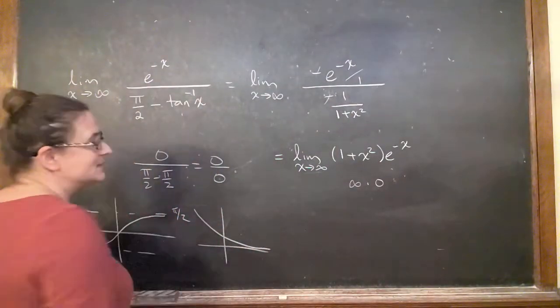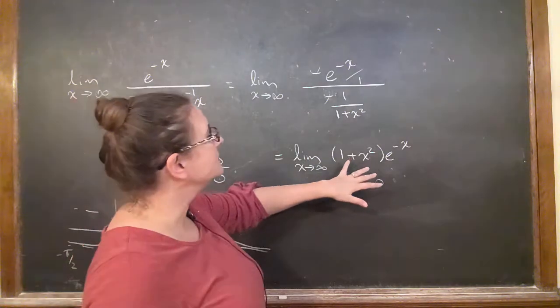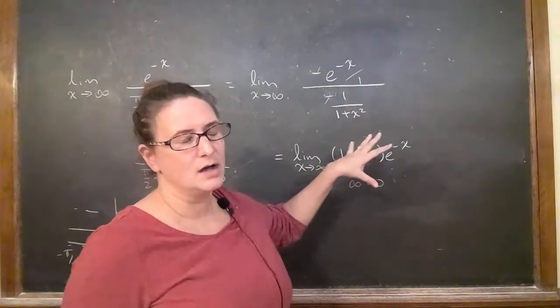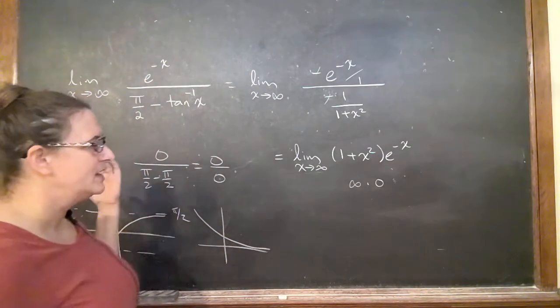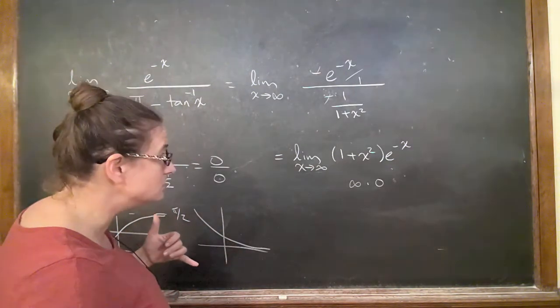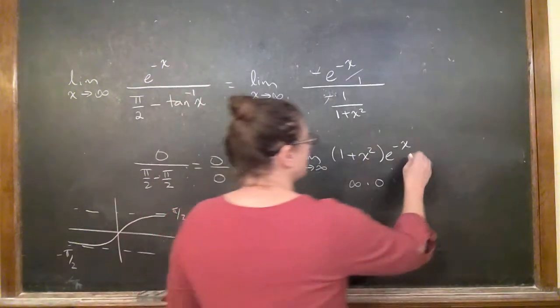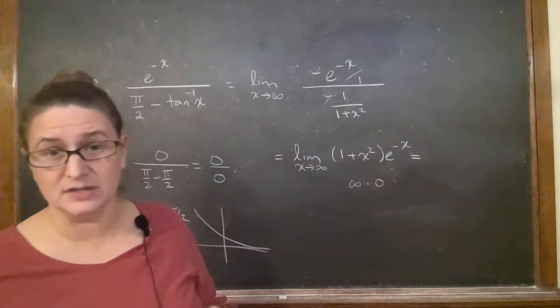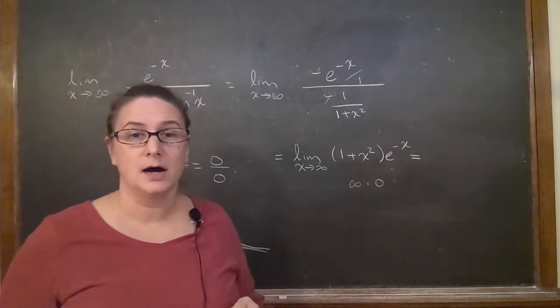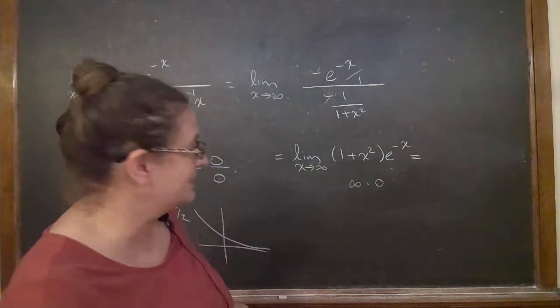This is a different kind of form, right? This is also an indeterminate form, infinity times 0. And you'll have to see the next video to see more examples. But let's do this infinity times 0 now.